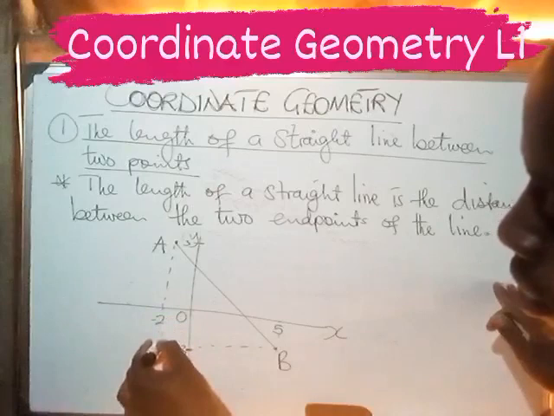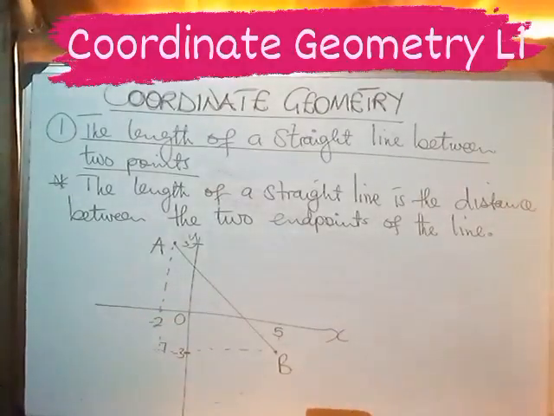Then you can even make a triangle there, then you find the length of AB.